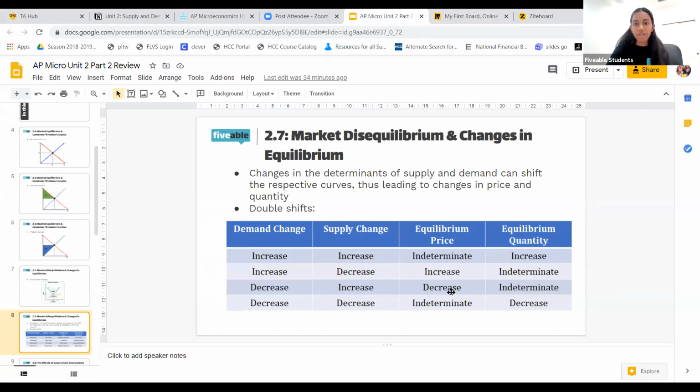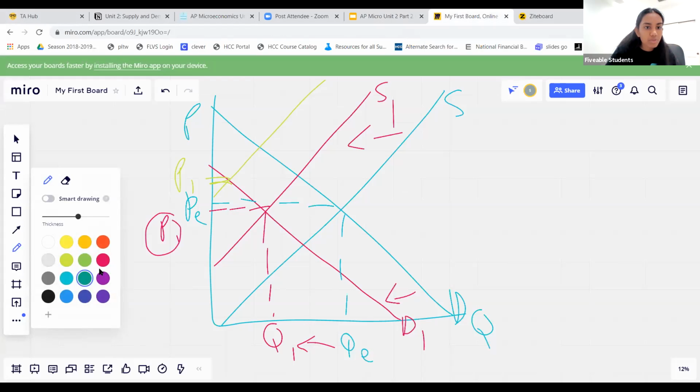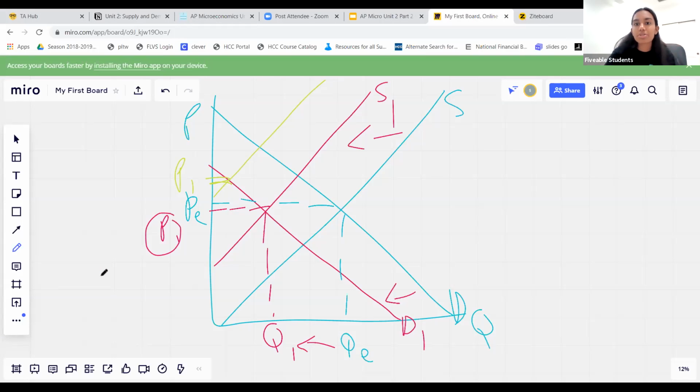So there's this chart right here. Obviously, you can memorize it if you want, but I think it's good to have a conceptual understanding of what happens. So let's think about it. Supply is decreasing in this case.